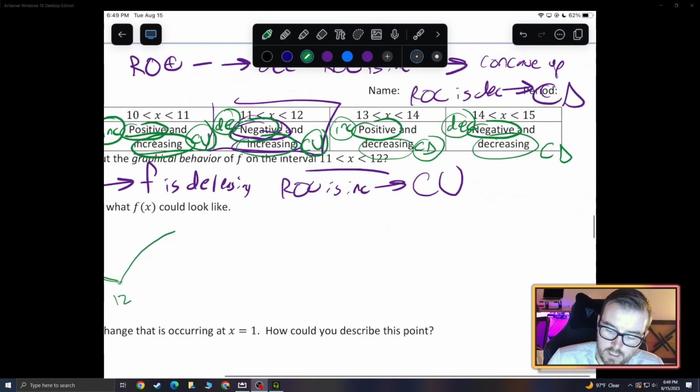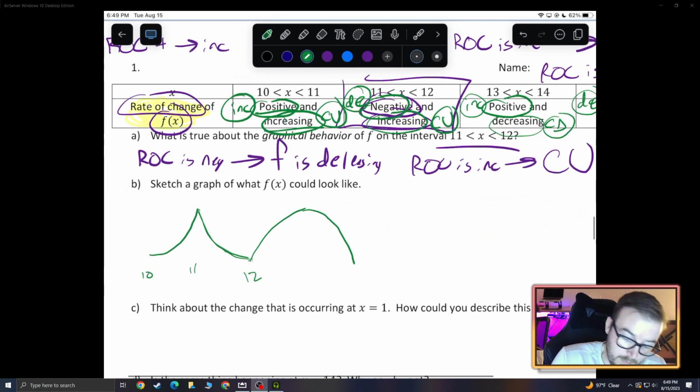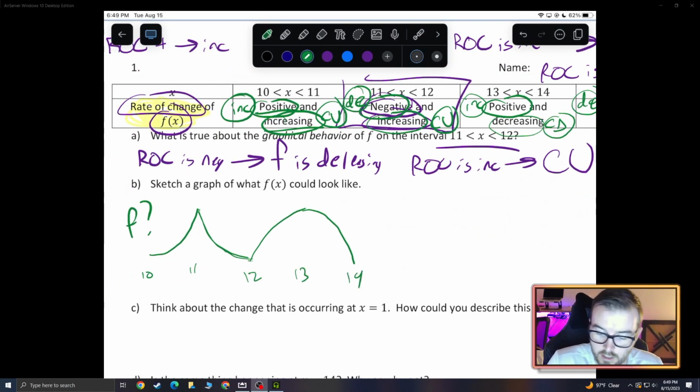What does decreasing and concave down look like? Could this be the graph of f? Yes, it could. It is increasing and concave up. It is decreasing and concave up. It is increasing and concave down. It is decreasing and concave down.